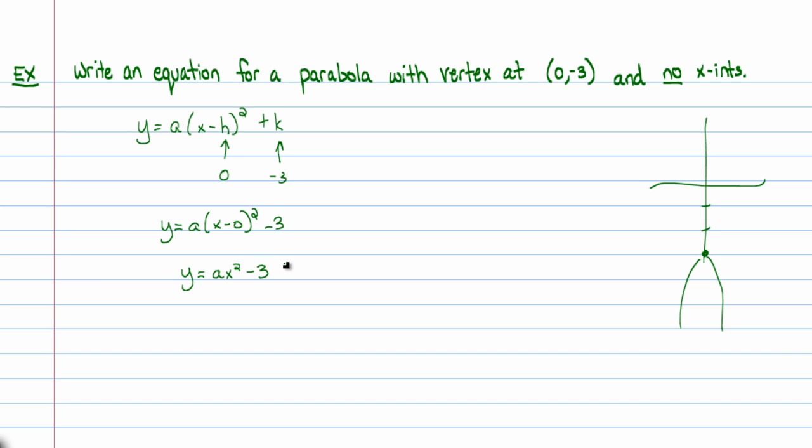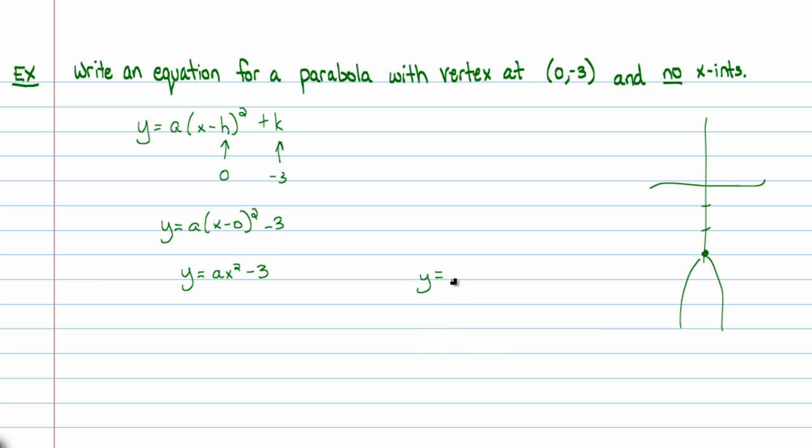So I ask myself, is it that important that they didn't give me a point? Or can I choose any value that I want? I can't choose any value I want. I can't choose 1 for a, because if I did, it would open upward and it would eventually hit the x-axis. But I could choose a value like negative 1 or negative 10 or negative pi for all I care.